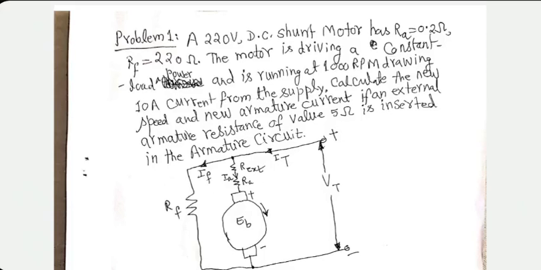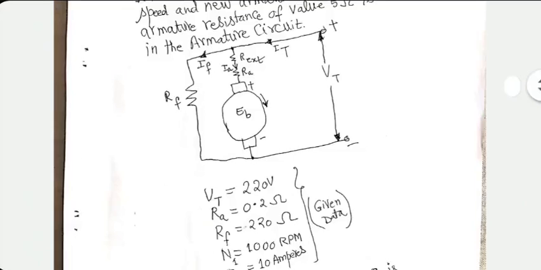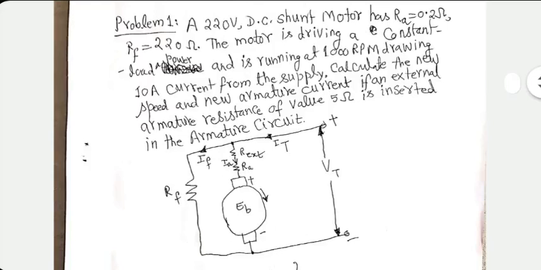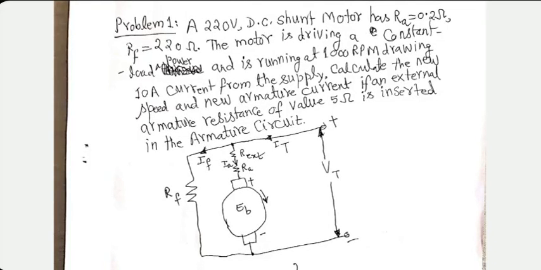Of course, first thing we need to figure out is EB. These are the values given. VT is 220 volt, RA is 0.2 ohm, RF is 220 ohm, N1. I'm calling speed in first case as N1. That means when R external is 0, speed is N1, which is 1000 RPM. And when R external is 5 ohm, N2 is an unknown.